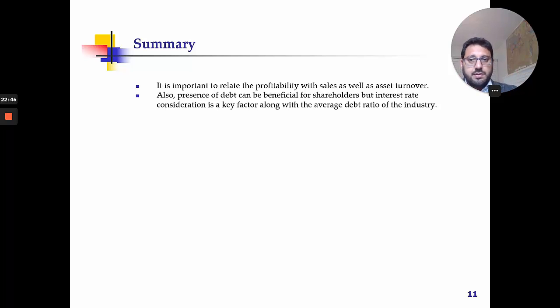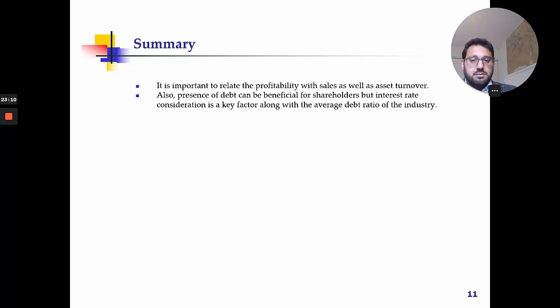If the economic conditions are not very good, people might stop buying Apple for some time. So the debt ratio can be lower there, and the debt ratio for utility industry companies will be very high. So these considerations have to be made.